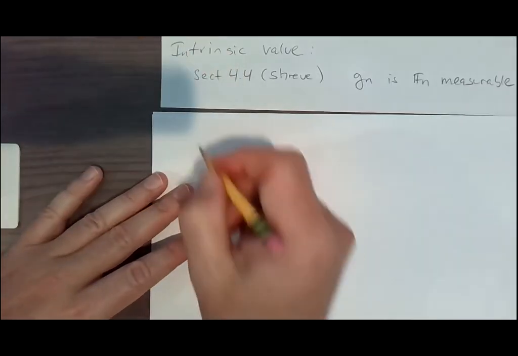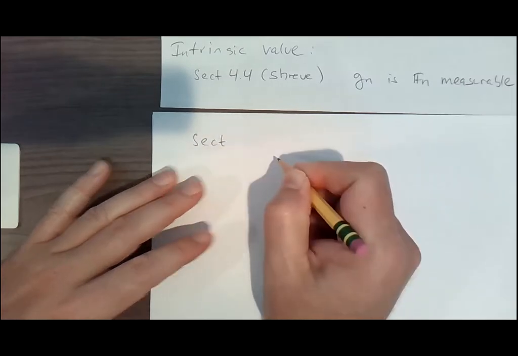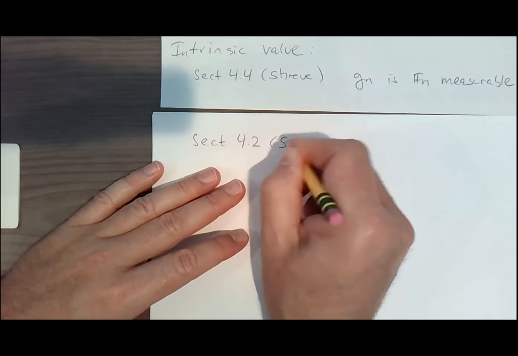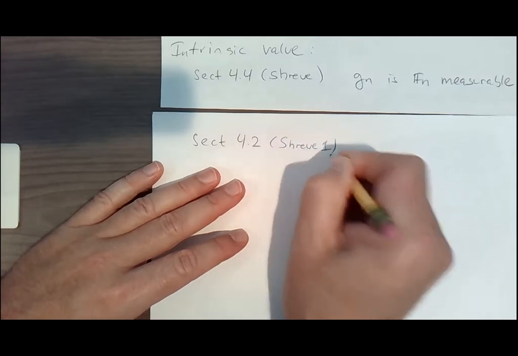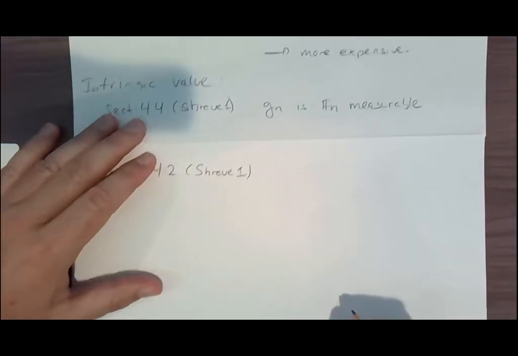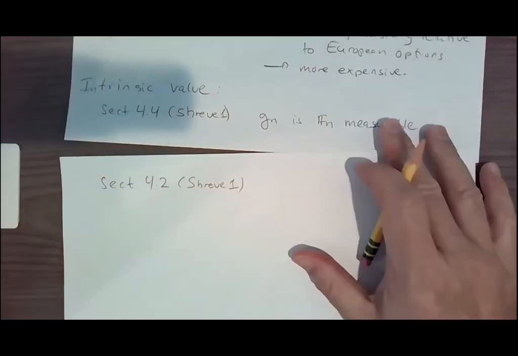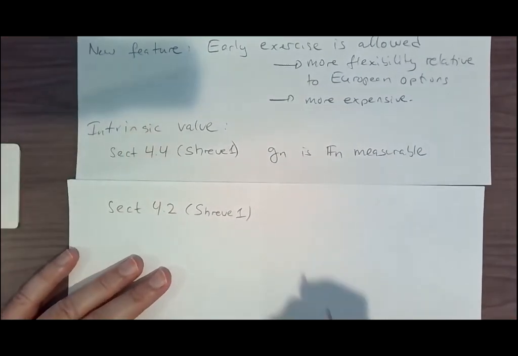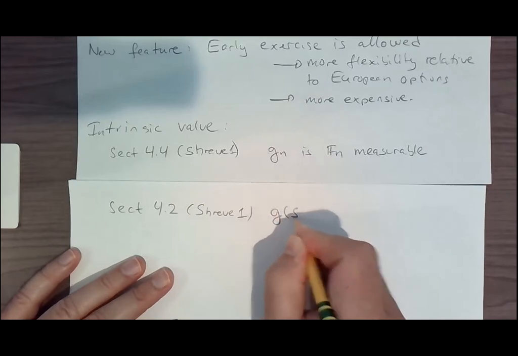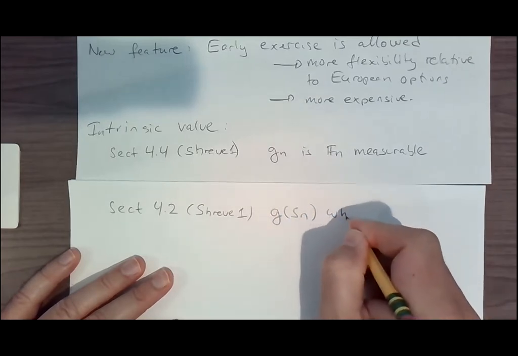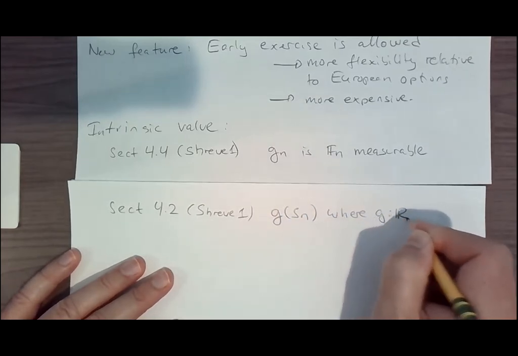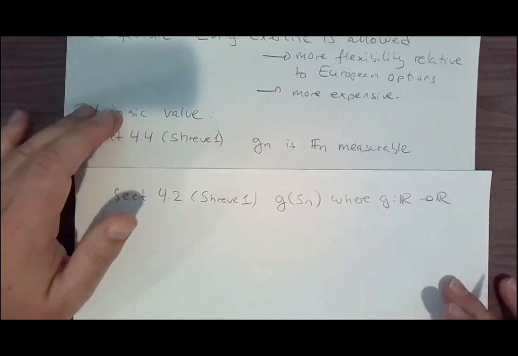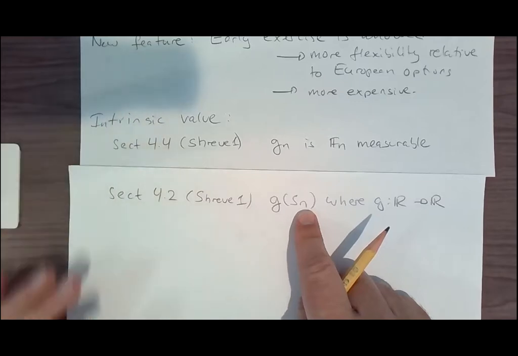If you are in section 4.2, and this is again in Shreve, it's the thinner of the two, then what you're looking at here is G of Sn, where G is just a function. And Sn is a stock.